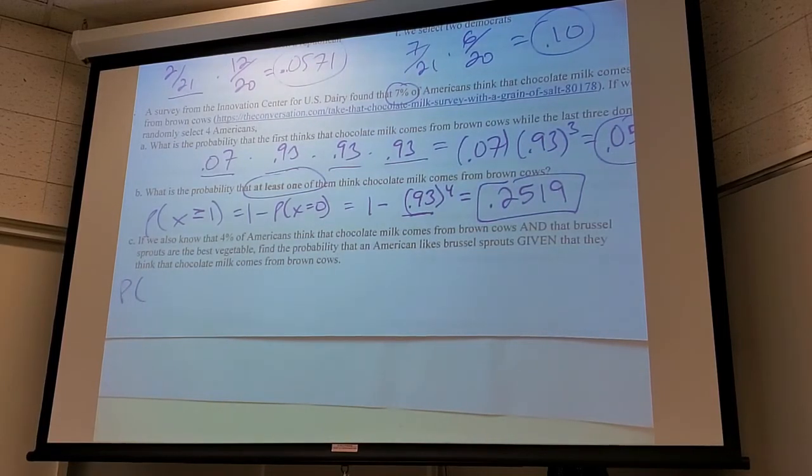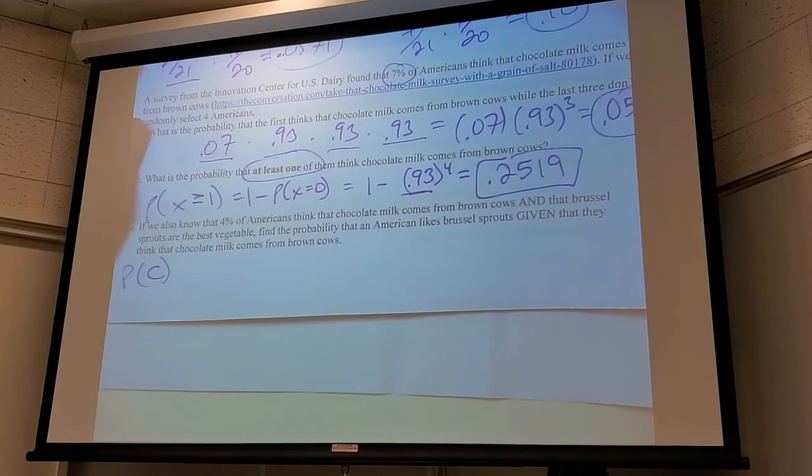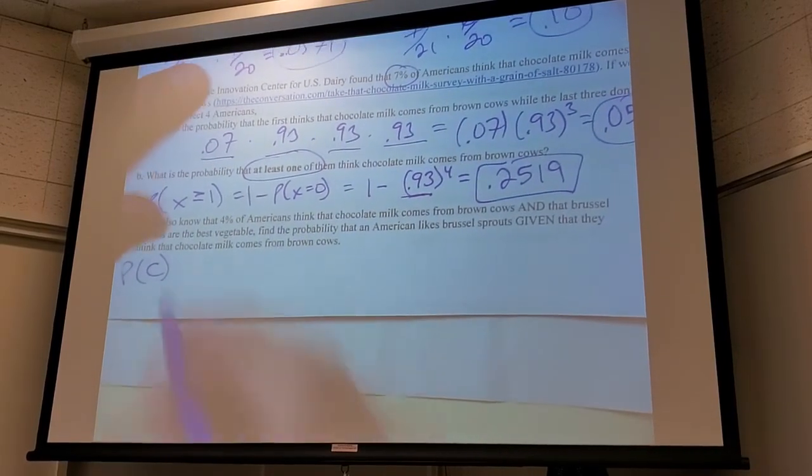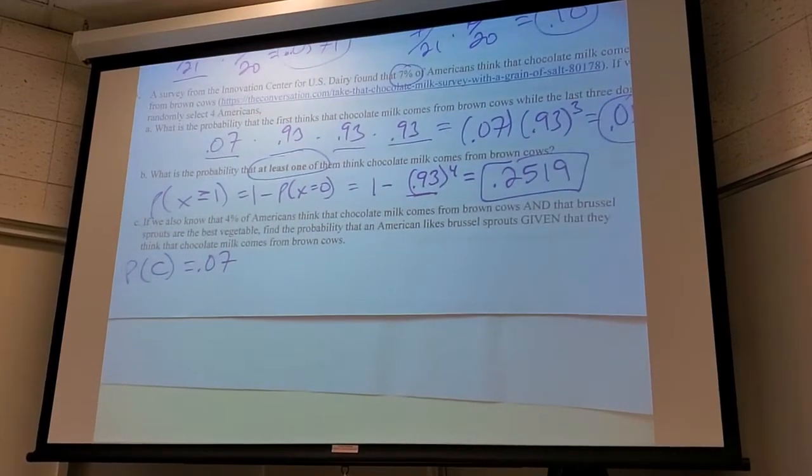Like pick a letter to represent the 7% of Americans who think that chocolate milk comes from brown cows. B for brown cow. But realize that later we're going to have Brussels sprouts. Okay, so let's use C. So the probability that chocolate milk comes from brown cows, C, is 0.07. That I know from the beginning.